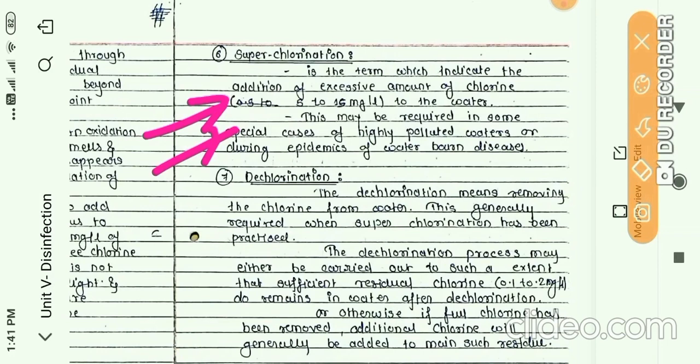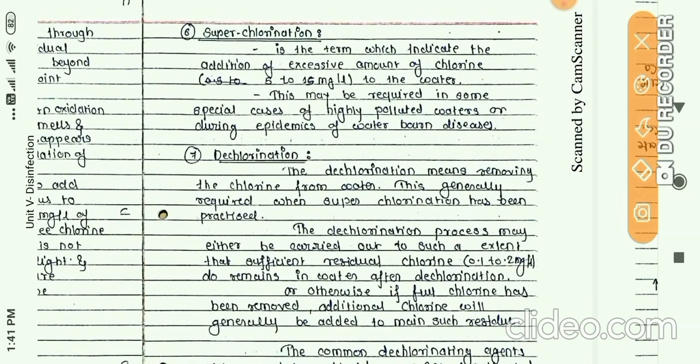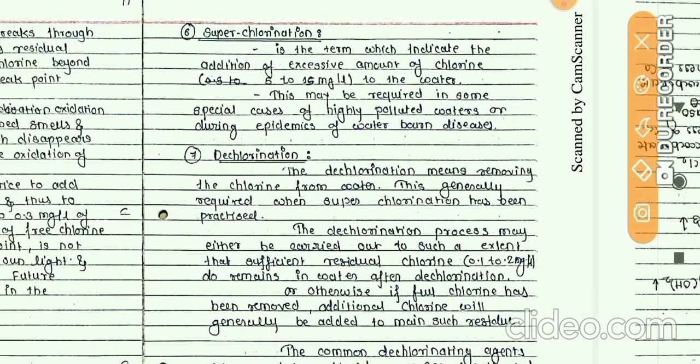Then seventh is dechlorination. Dechlorination means removing the chlorine. Suppose excess chlorine is there after superchlorination, so we have to remove that excess chlorine by dechlorination. Normally the chlorine content should be 0.3 mg per liter. If it is more than that, then we have to remove the chlorine by dechlorination.